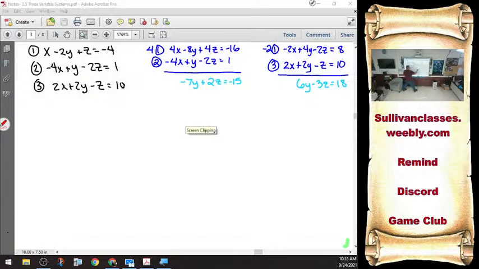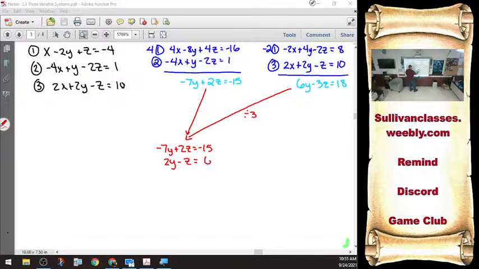And I can say you and you come down here, but while I'm on the way, divide you by 3. Negative 7y plus 2z is negative 15. 2y minus z is 6.